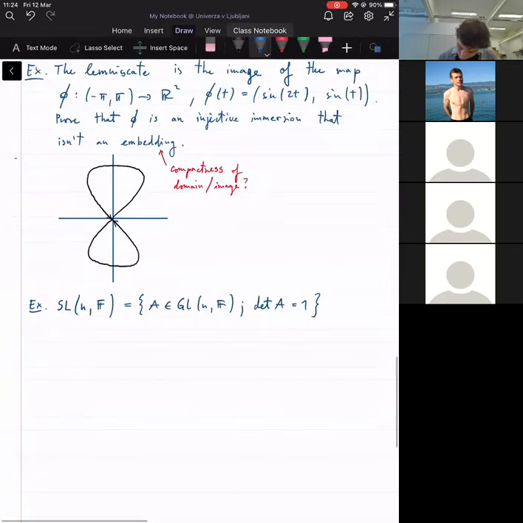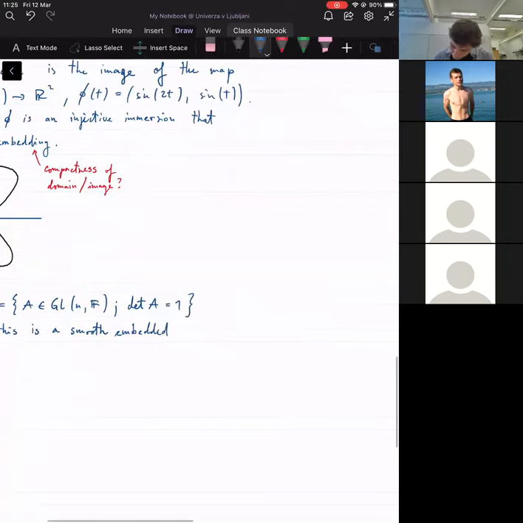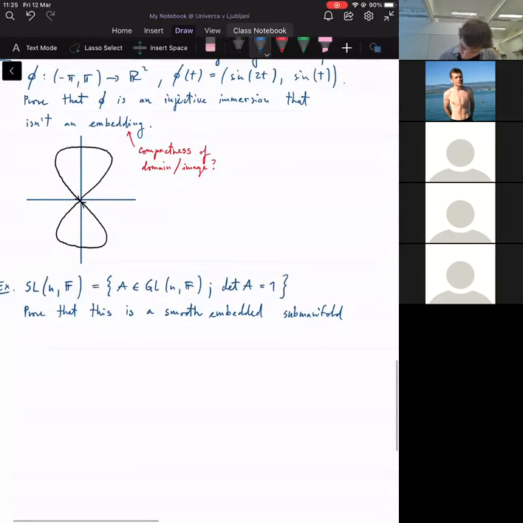Prove that this is a smooth embedded submanifold of GL_n(F).